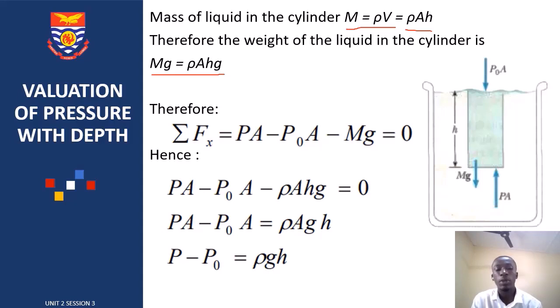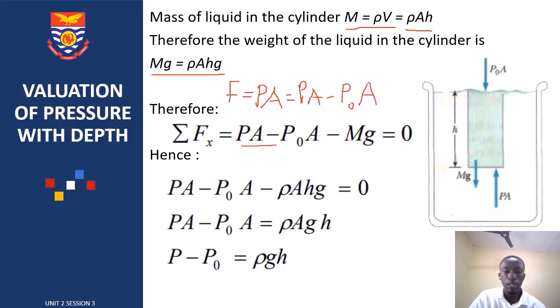Do you remember the formula for pressure in relation to area and force? We know that pressure equals F over A. When we make F the subject, we get F equals PA. In case there's a change in pressure, meaning we have a final pressure and an initial pressure, we get PA minus P naught A as expressed here.